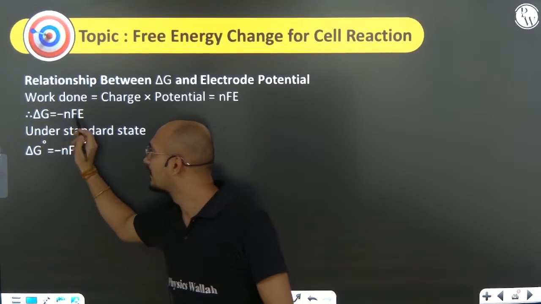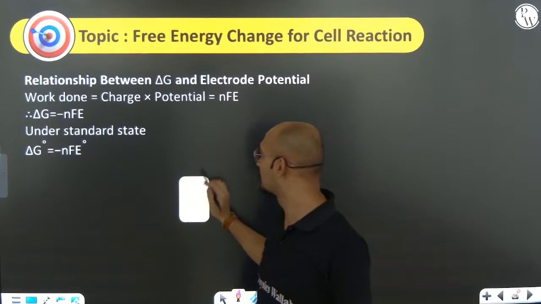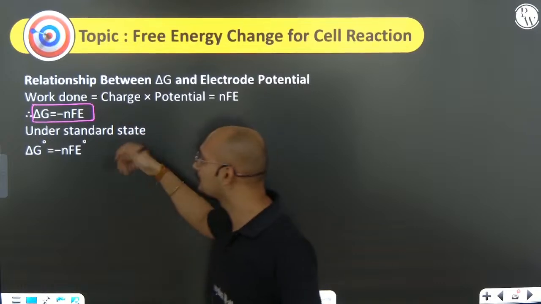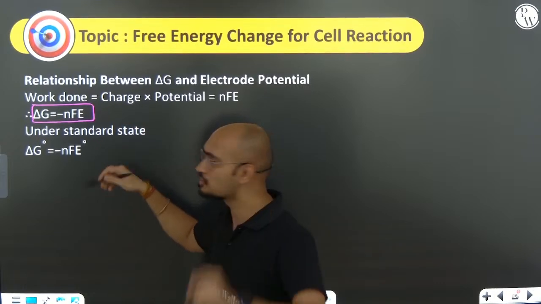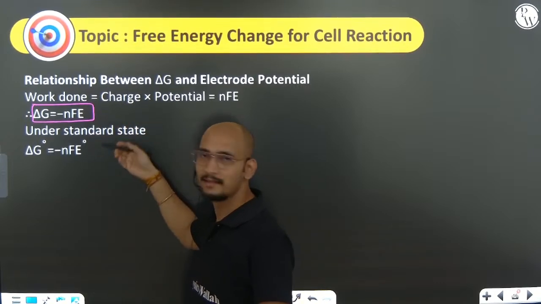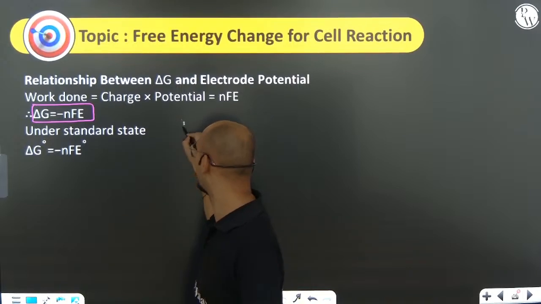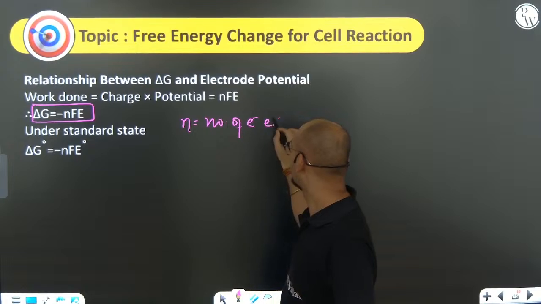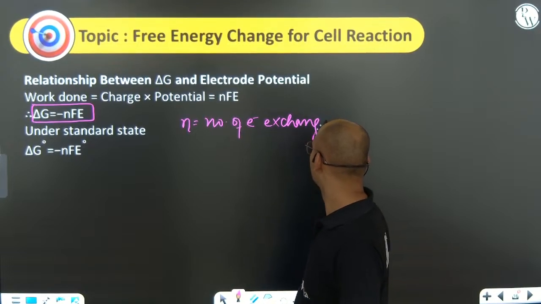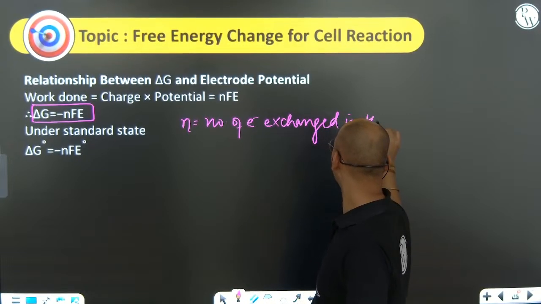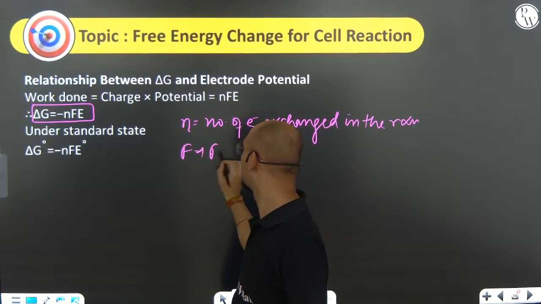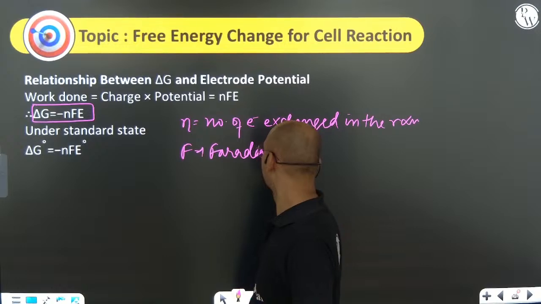What is this n? n is the number of electrons that is exchanged in the reaction. F is the Faraday charge, that is 1 mole of electronic charge.